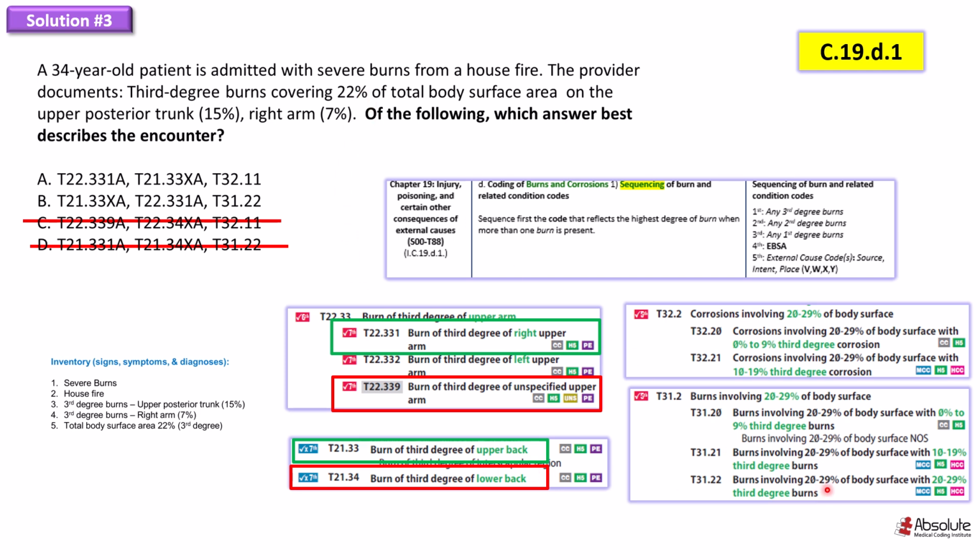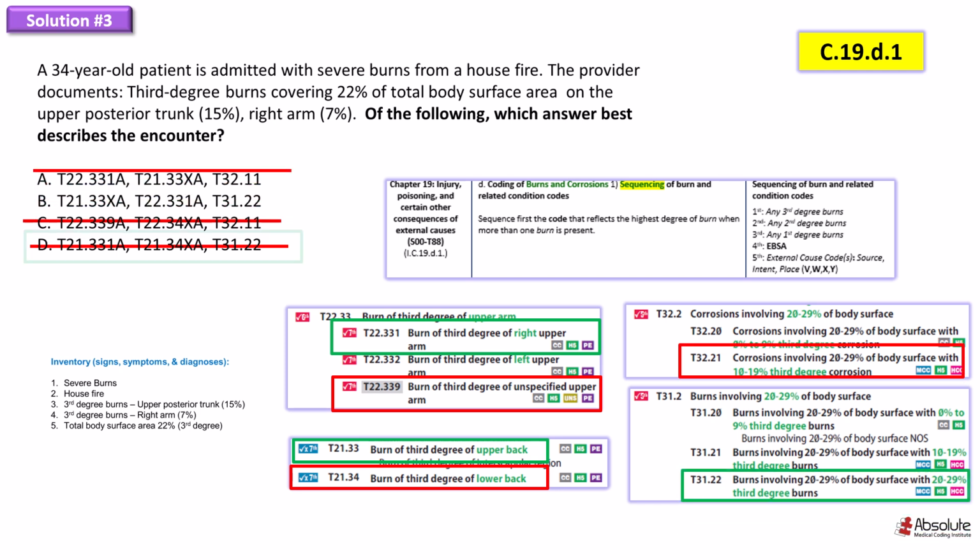We've got 22% with 20 to 29% being third degree. That is the case because both of these total 22%, and our total body surface area code will be T31.22. And our answer, coders, our answer is B. It's sequencing properly and it has the correct total body surface area code, and that's our answer.